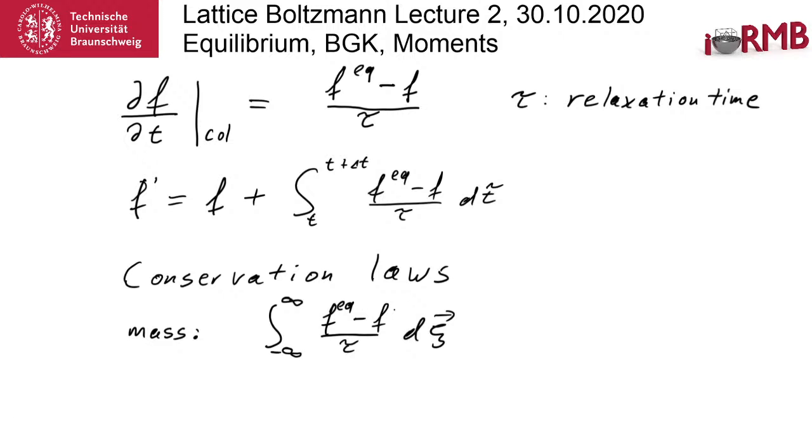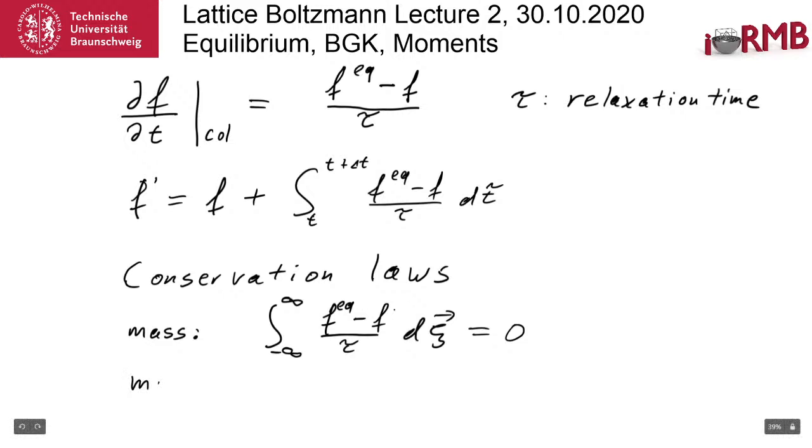So the mass of the equilibrium function must be the same mass as the incoming function. Otherwise, mass would not be conserved. And therefore, if we subtract these things, this will get 0. So there is no change of mass due to the BGK collision operator.